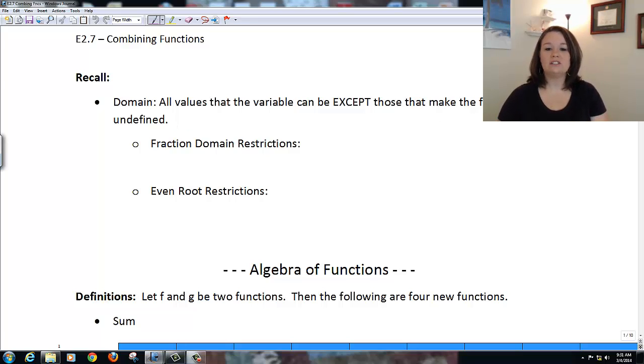Okay, fraction domain restrictions, we're talking about rational expressions. When we have rational expressions, we have to worry about the denominator. Anytime we have a variable denominator, meaning there's an x in the denominator, it cannot equal 0. So I'm going to put here the denominator, and I'll write it out.